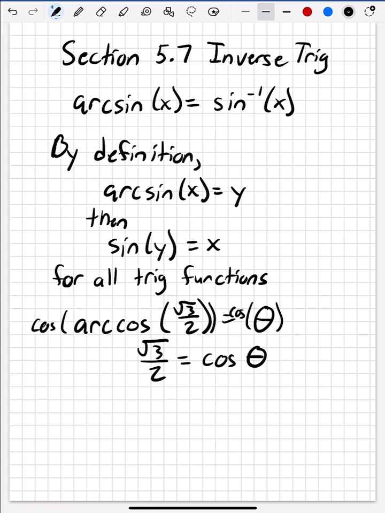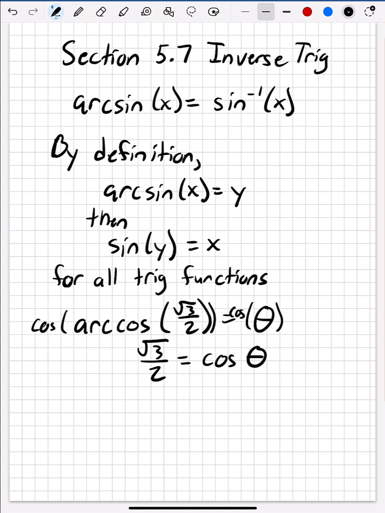Now, ideally, in a Calc 2 course, we want to be able to solve this without using the unit circle, or without being able to reference the unit circle. Now, if you do need to reference that, of course, obviously do that. All right. So what we're going to do is I want to show you this using right triangles.